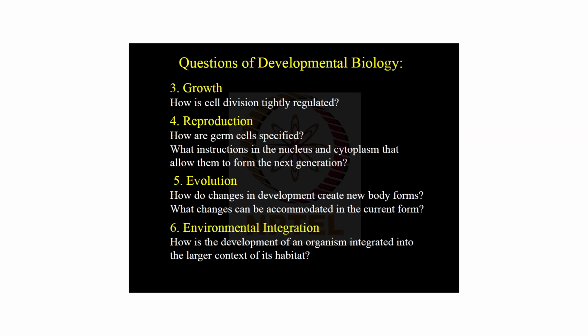Evolution: how evolution is involved in formation of an initial organism and changes happening inside that organism according to the environment, according to the different kinds of cues it gets. So according to that, how evolution helps in shaping an organism as it is now. And environmental integration is also involved in making the organism. As I told you, environmental factors are very much involved.